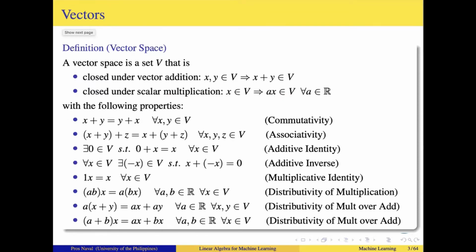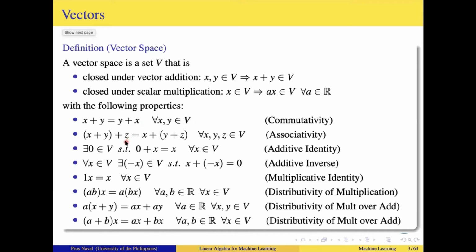Vector addition and multiplication obey the commutative, associative, and distributive properties similar to the more familiar real numbers. Let's go through these properties one by one. Commutativity for addition means that the order two vectors are added does not matter. The sum will be the same.